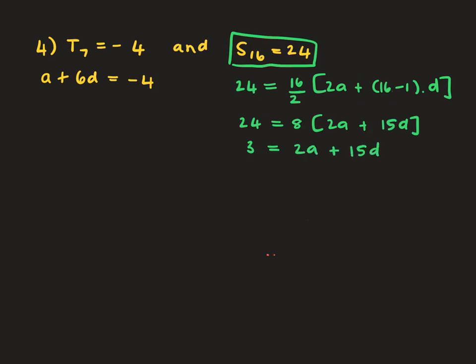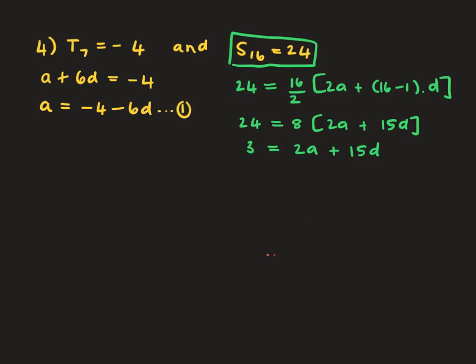Okay, so do you see now that here I've got a coefficient bigger than 1 in front of a? So it's not as simple as the previous ones where a had a coefficient of 1. We're still going to make a the subject of the formula for both. So this is going to be a equals negative 4 minus 6d.